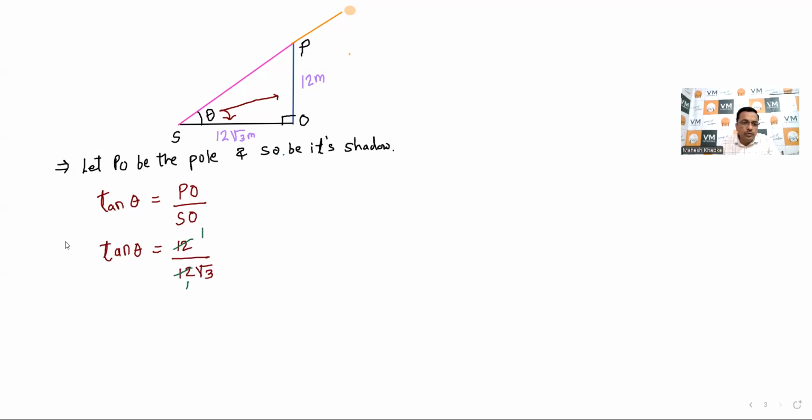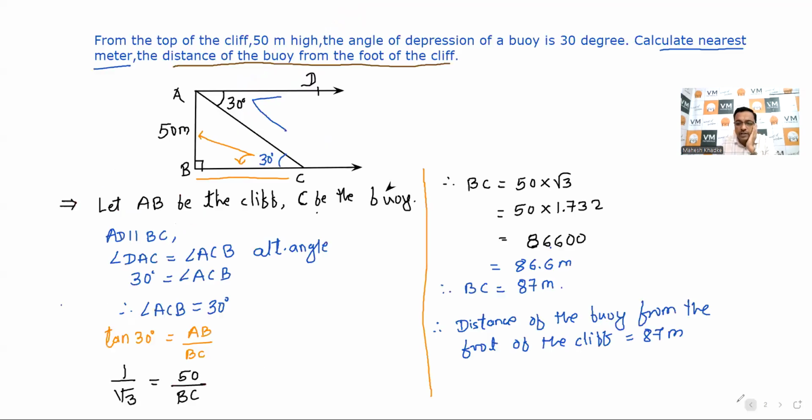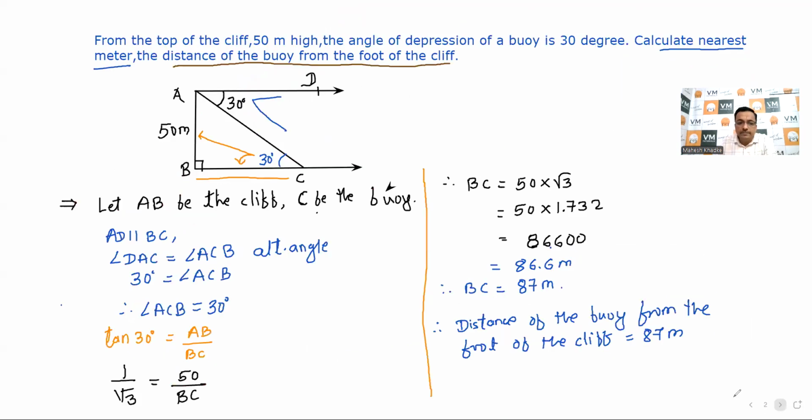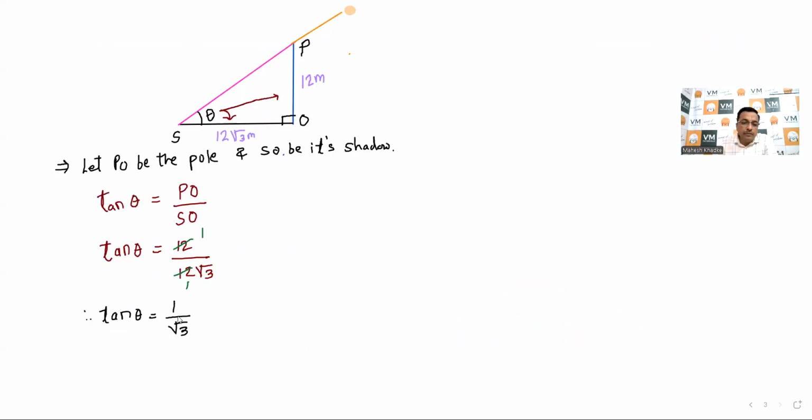So the value therefore tan theta is equal to numerator contain 1, denominator contain root 3. Now we have to find the angle. अभी हम लोग ने देखा था tan के टेबल में 1 by root 3 वैल्यू किसकी आती है? किसकी आती है tan के टेबल में 1 by root 3? tan 30. So in the place of 1 by root 3, we have to write tan 30 degree.